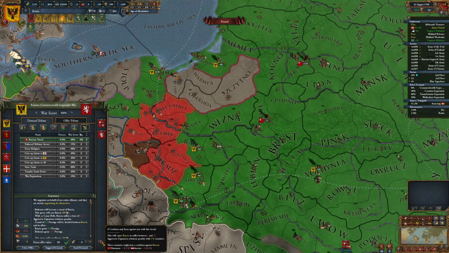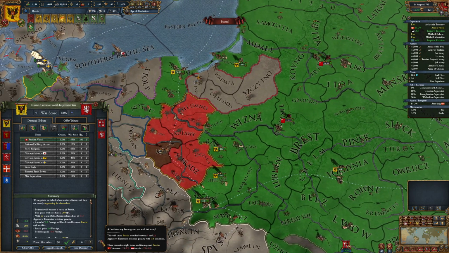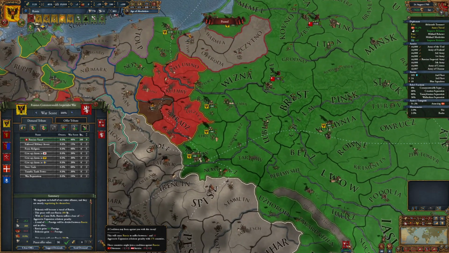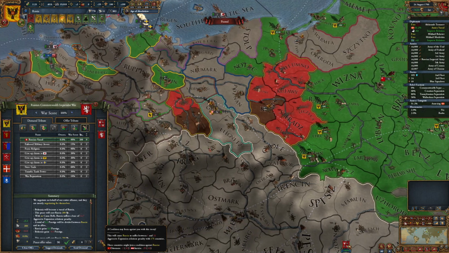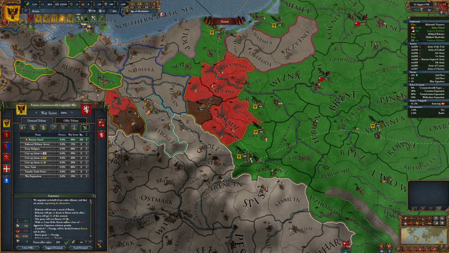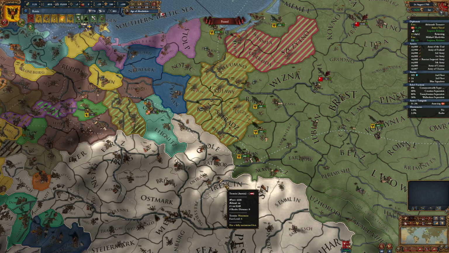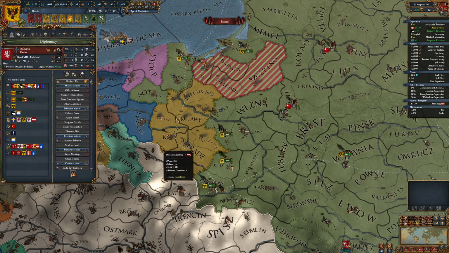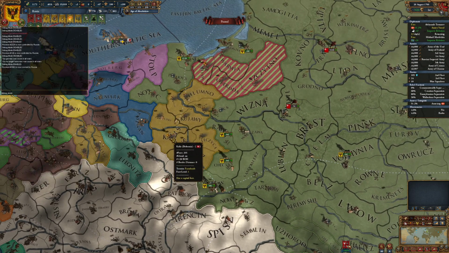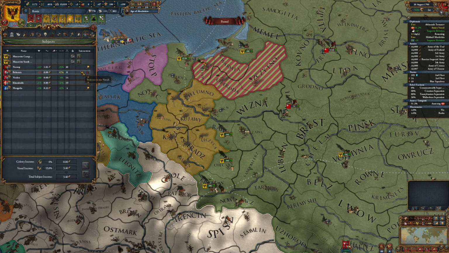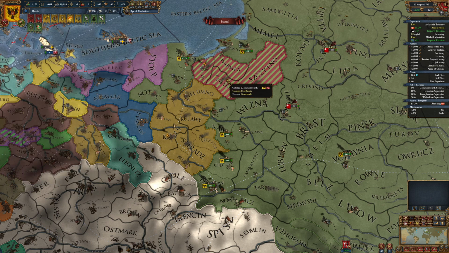It means that Austria actually is going to want to coalition us, but I don't think they will. And even if they do, I don't think they are going to actually try to do anything. So let's end this before we end the episode, end the war, and disable the debug mode because it's sort of annoying.